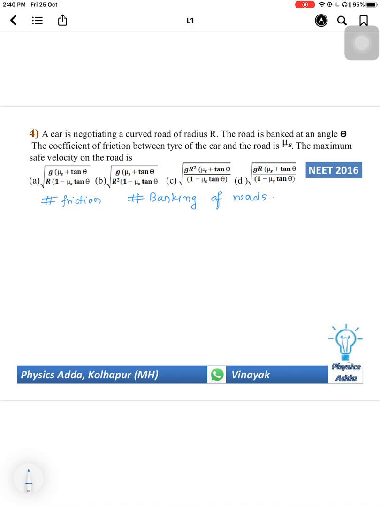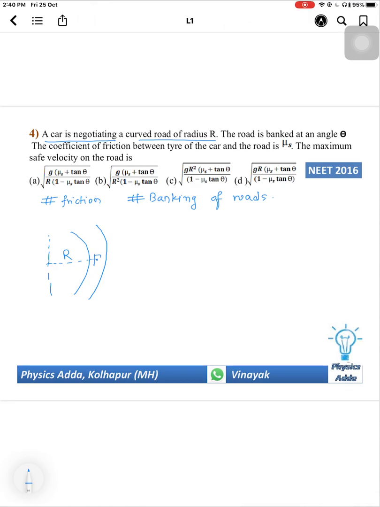Okay. So here, if you see, the car is negotiating a curved road of radius r. I am having a curved road like this, which is having a radius r, and the car is over here.